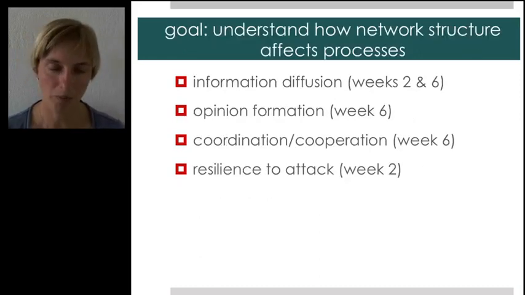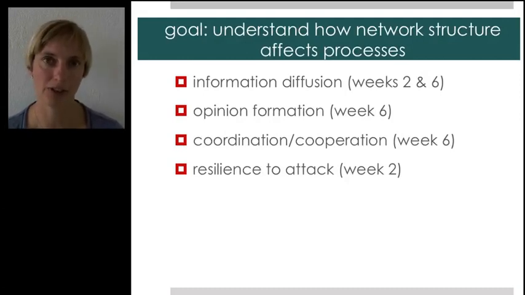Okay, so we've described the network structure. We've figured out where that network structure comes from. And the final goal is to understand how that network structure now influences different processes occurring on the network in turn. So for example, we're going to learn how information diffusion is affected by the network structure.